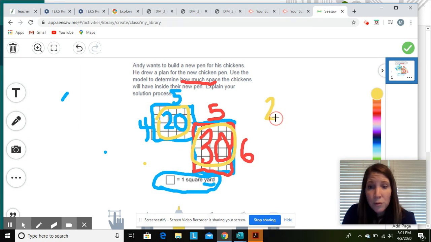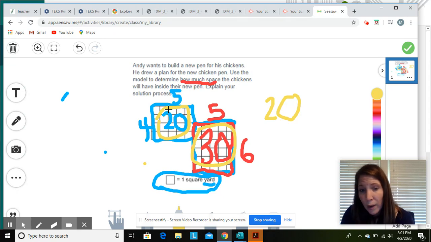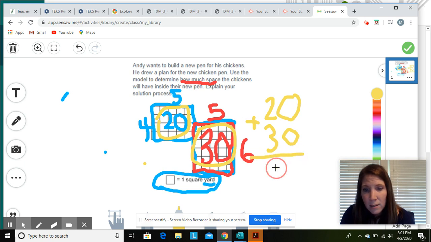I hope you said that we are going to add these two numbers together. So we have 20 square yards plus 30 square yards. And what do we find? 20 plus 30 equals 50.